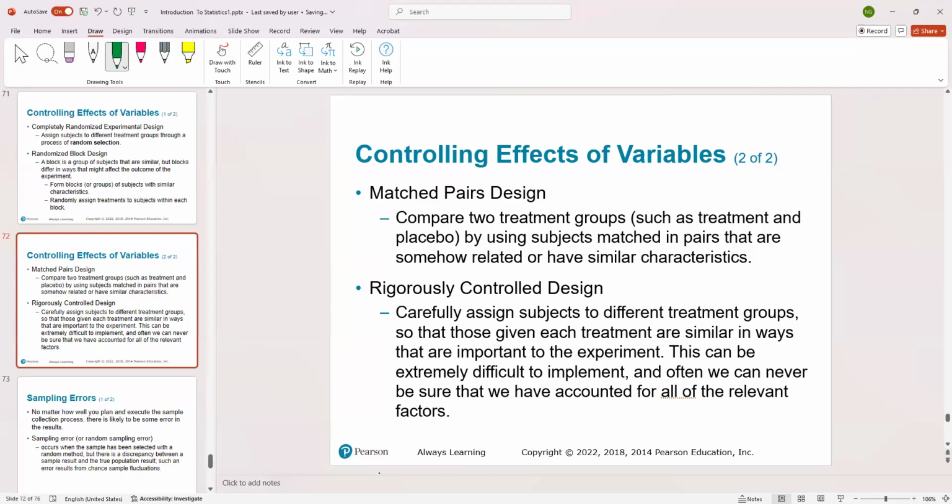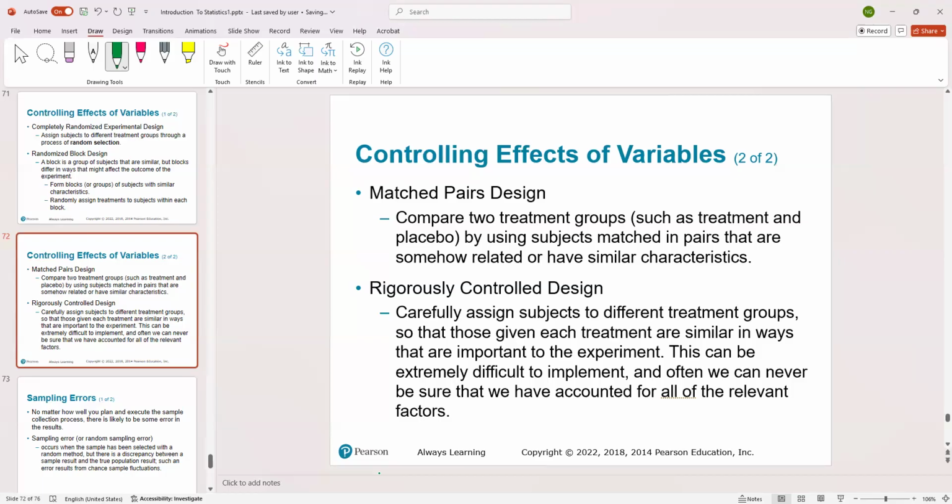So matched pairs design is also one of these we're going to use. That's another type of design in which subjects are paired up according to similarity. So one subject in each pair is randomly selected to receive one treatment, while the other subject receives a different treatment, right?